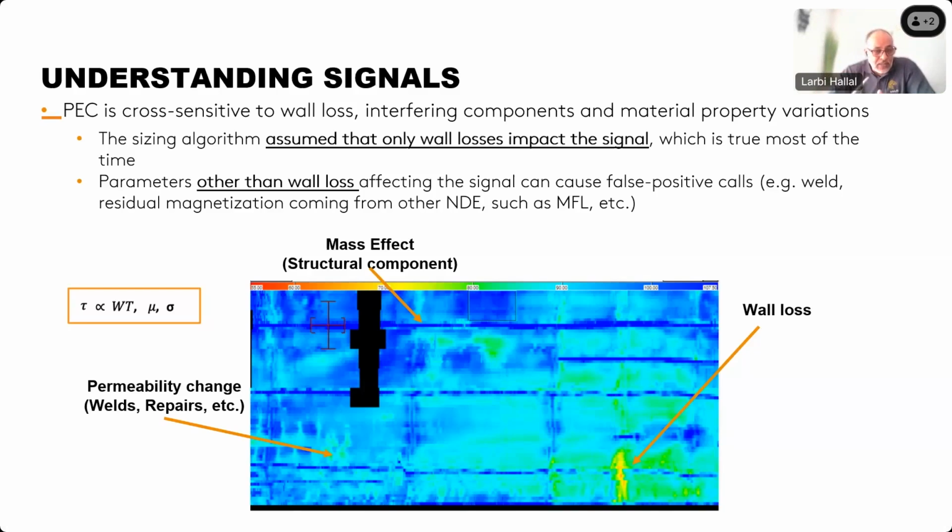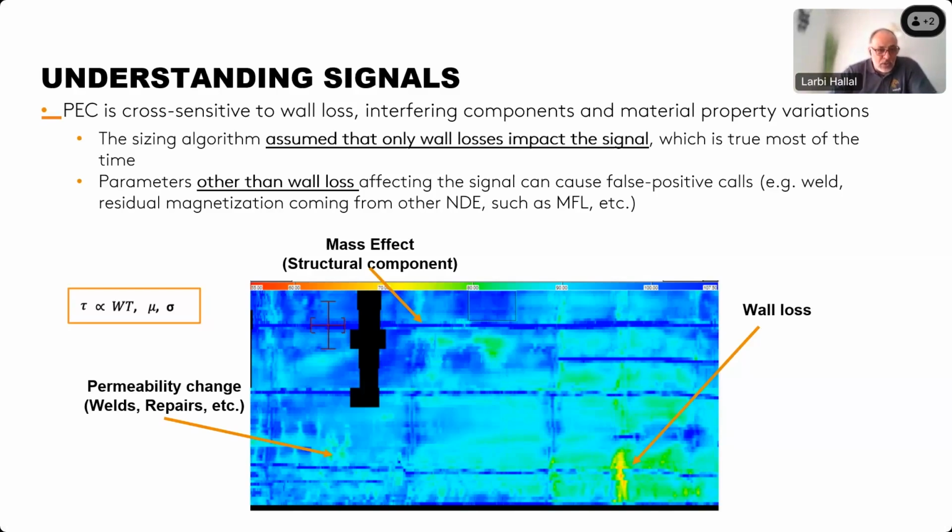So the sizing algorithm we use with the lift system assumes that only the wall loss impacts the signal initially, and that's what you will see on the A-scan signal. Most of the time it's true, but sometimes you can have residual magnetization of your component from a previous MFL or MPI inspection, and this material property variation will not be taken into account on the A-scan signal.